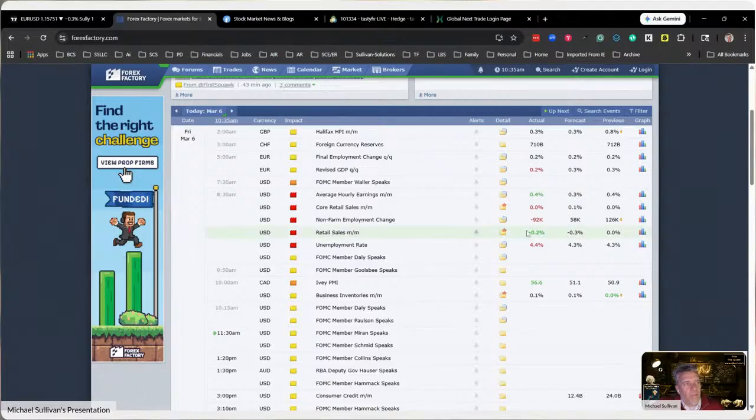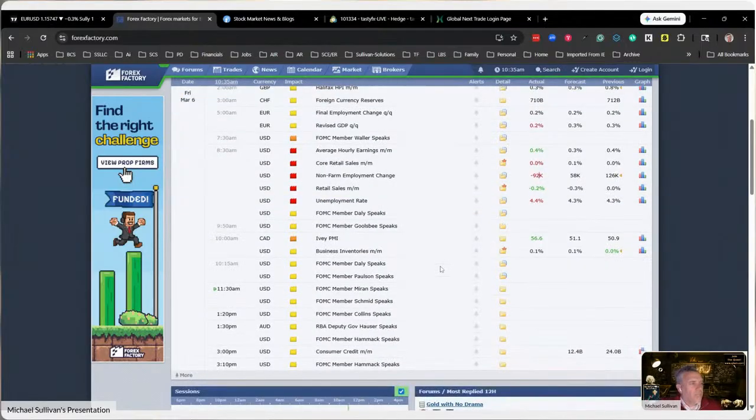Retail sales month over month, again, pretty much on point. It's slightly better, but only 1/10 better, so we're pretty much on par. Even the unemployment rate: forecast was 4.3, previous was 4.3, it's 4.4. So a minor change, but it is negative. This is significant though.